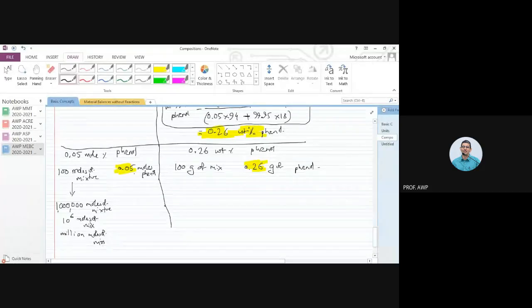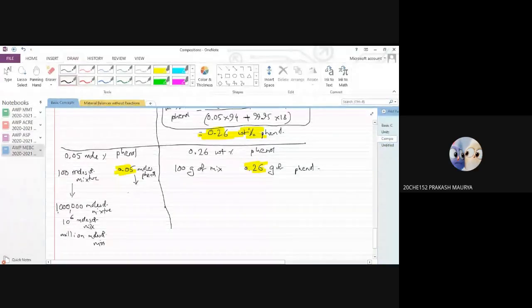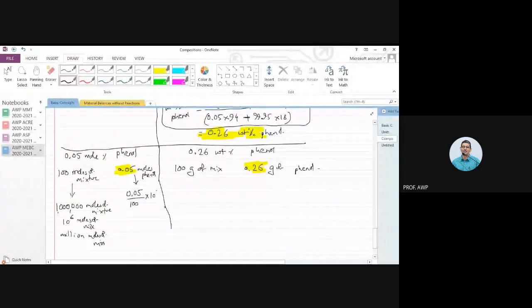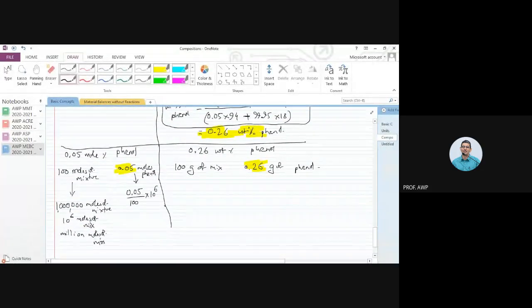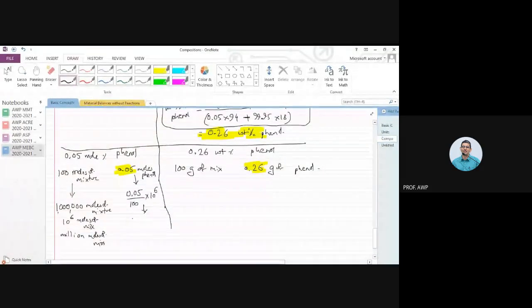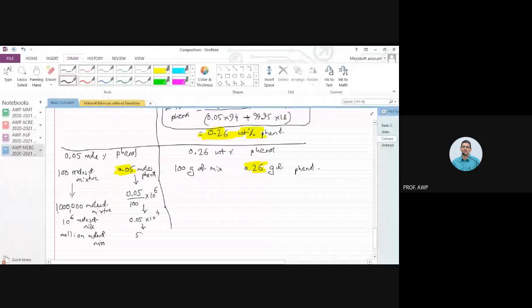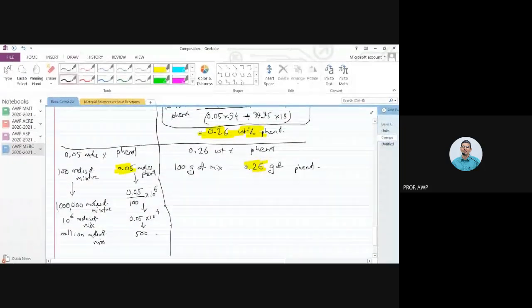How many moles of phenol would be present in a million moles of the mixture? It would be 0.05 moles for 100 moles. In a million moles, it would be 0.05 divided by 100 into 10 raised to 6. So that is 0.05 into 10 raised to 4, which is same as 500 moles.